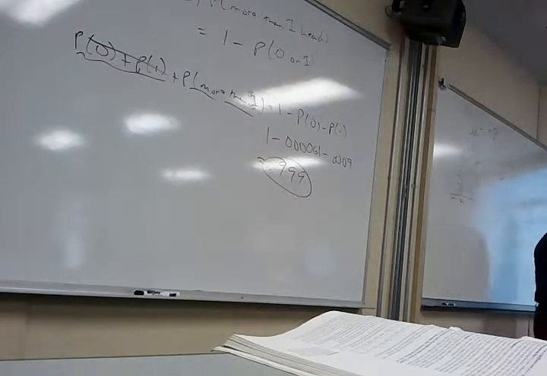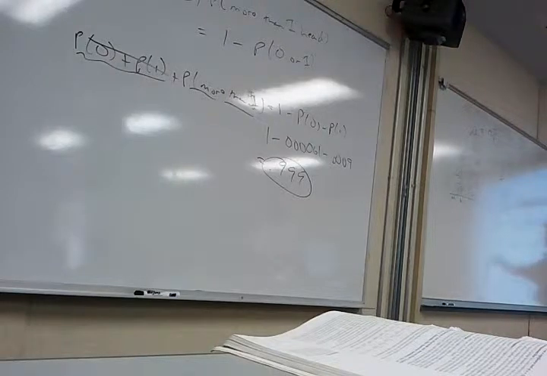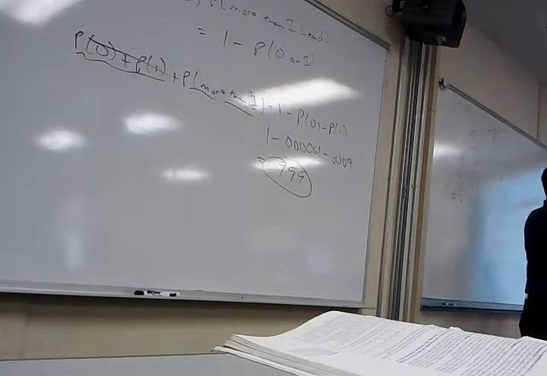Now, who remembers how to get the minimum expected number of heads and the maximum expected number of heads? How far out do you have to go before it becomes unexpected? 2. It's unusual outside of 2 standard deviations away. So take the mean. The mean is 7. Add 2 standard deviations to it. Subtract 2 standard deviations from it.